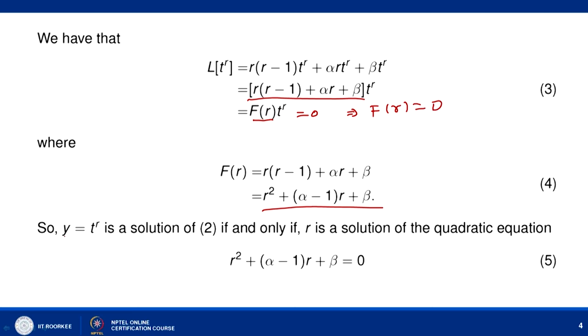It means that y equal to t to power r is a solution of 2 if and only if r is a solution of the quadratic equation r square plus alpha minus 1 into r plus beta equal to 0. That is, r should satisfy this quadratic equation, f of r equal to 0.